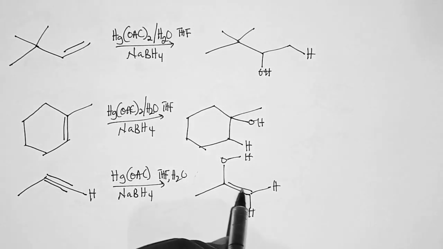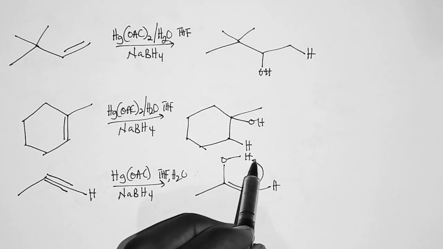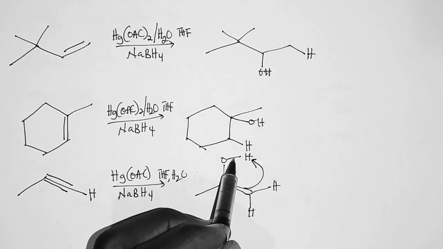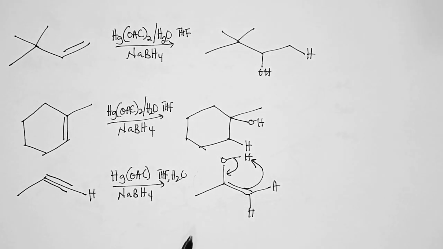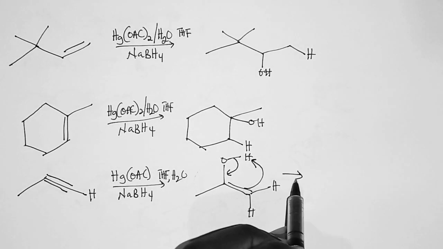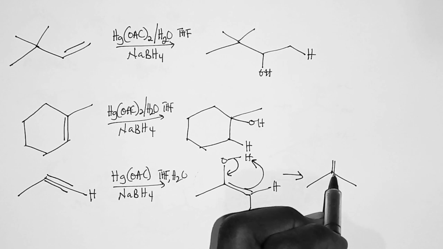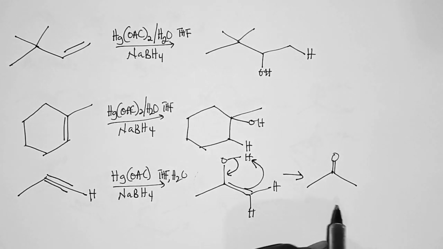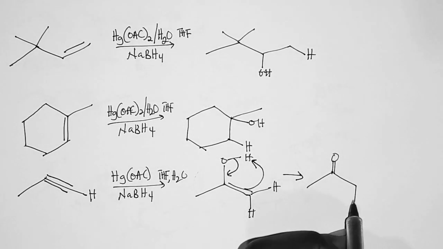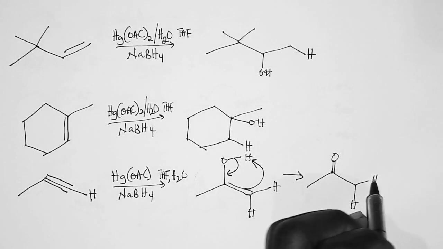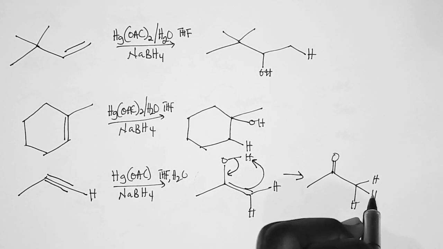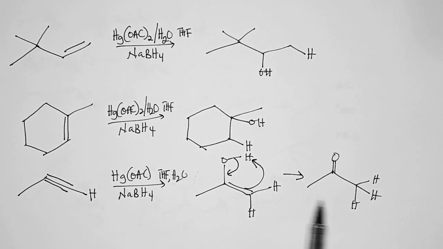So what will happen is that this lone pair will pick up this proton, pushing these electrons to this carbonyl center, and therefore we are going to form a ketone. So this is the final product for that reaction.